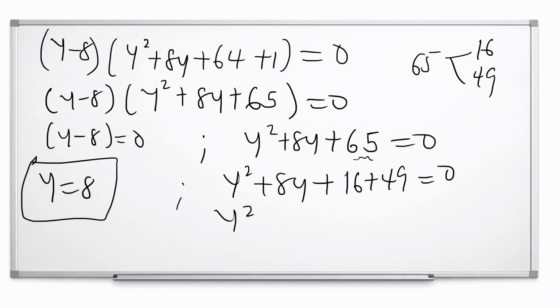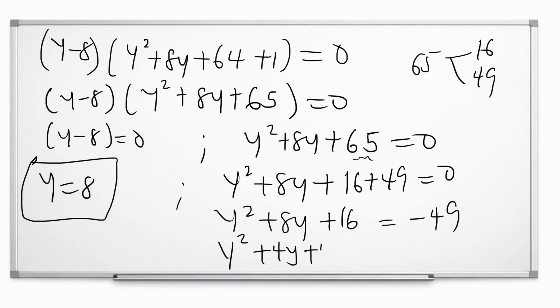So here I have y^2 + 8y + 16 = -49. And this can be written as (y + 4)^2 = -49. So in the next slide, recall that our first solution is y = 8.